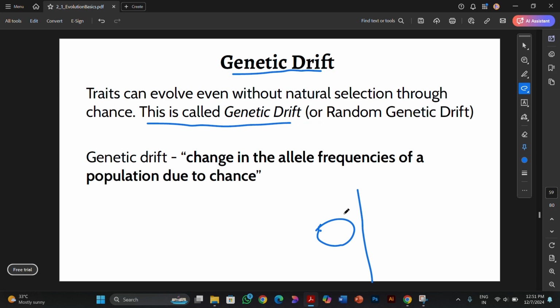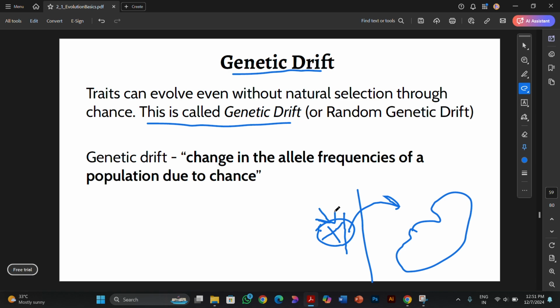Some individuals die or just leave the place, and the rest of them create a new population. That is called genetic drift. It is a huge change in allele frequency of a population due to chance events. There is nothing intentional, there is only chance.